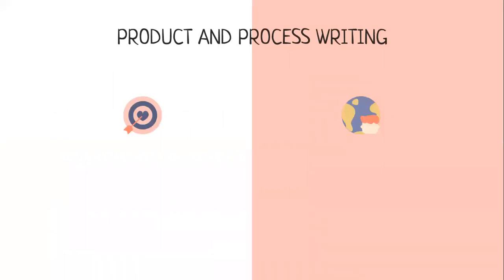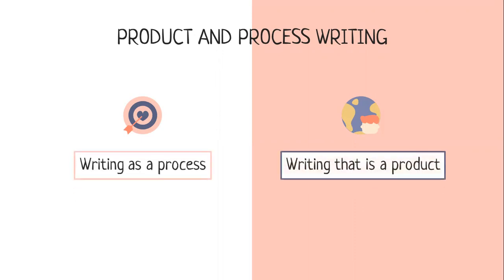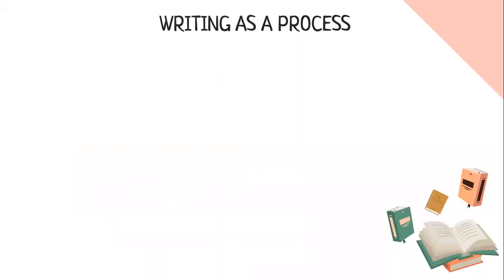Another important part of writing and writing assessment is product and process writing, also known as writing as a process and writing that is a product. So, first about writing as a process. The definition.